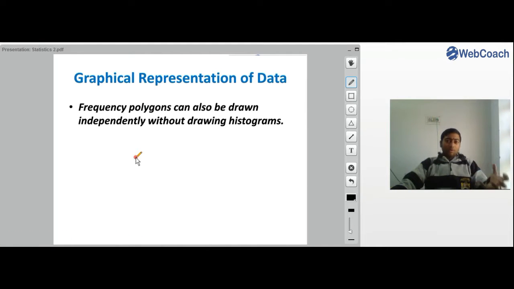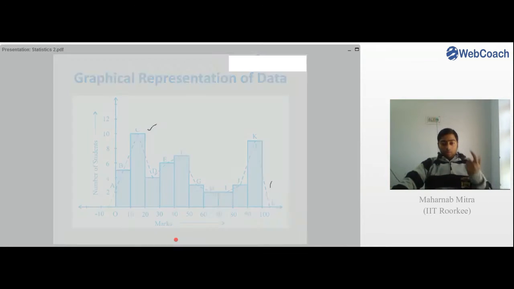And let us see how. This is because when you are drawing histograms, you are just taking the help of those heights and finding the midpoints. Now, if you are given the midpoints and the corresponding frequencies, you don't need a histogram, right?